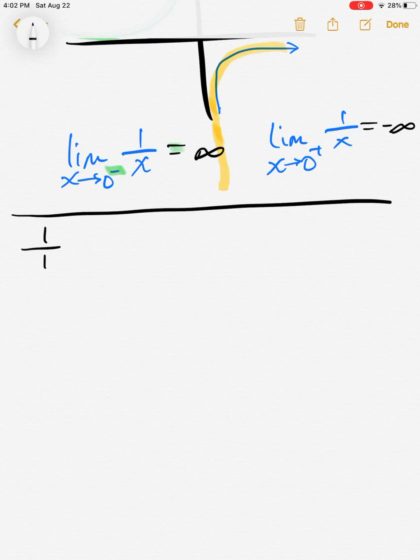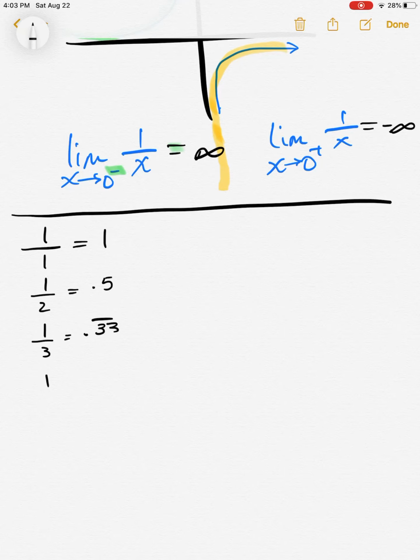We have 1 over 1. The denominator is 1, the value is equal to 1. When the denominator is 2, the value is equal to 0.5. When the denominator is 3, the value equals 0.333.